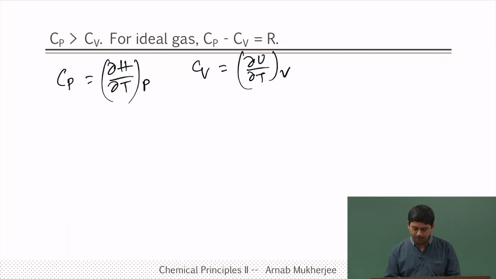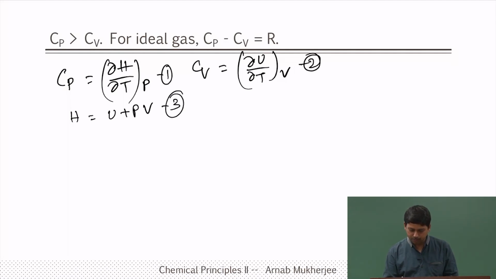Now, let us start with Cp. We know that H is U plus PV. Let us call these equation 1, equation 2 and equation 3.